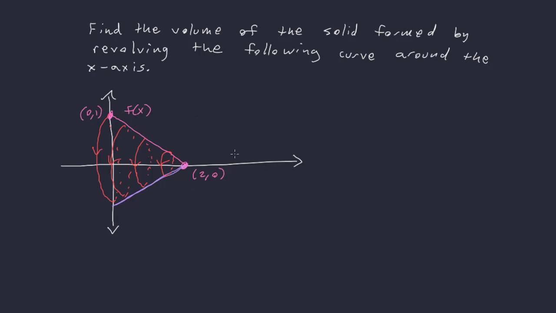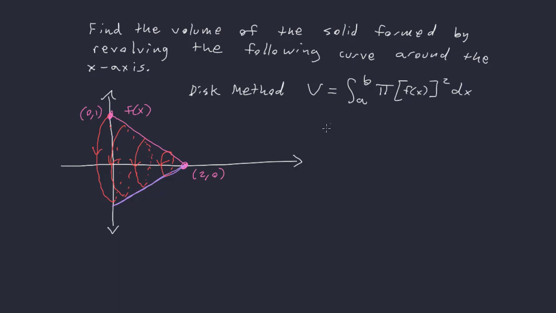So what I want to check this against is, well, let's verify that what we get here actually matches. So for the disk method, the volume is the integral from a to b of pi times f of x squared dx.